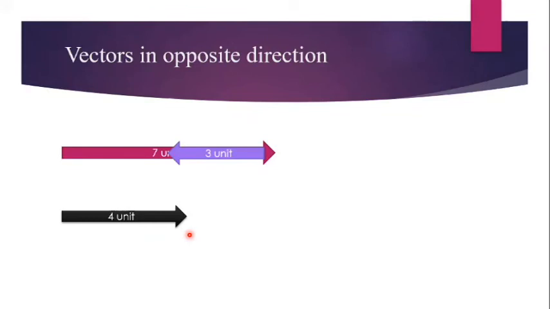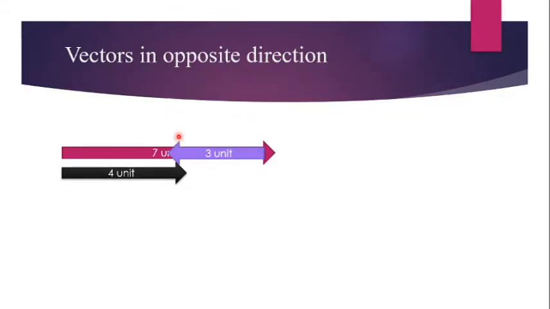Its direction is the same as that of the larger vector. In this way, we can perform the addition of opposite vectors by finding the difference between their magnitudes, and the direction is given as that of the larger vector.